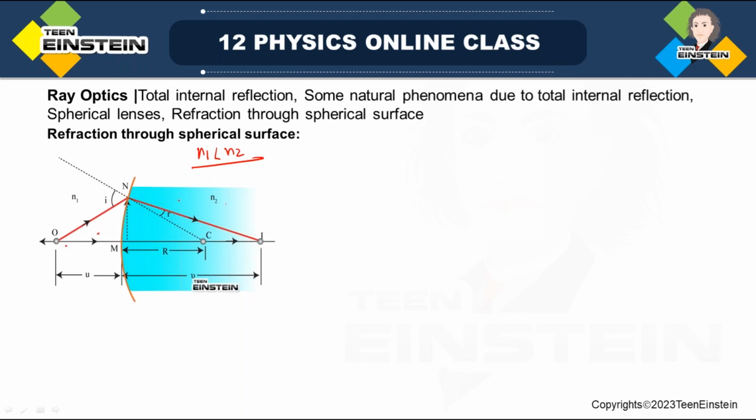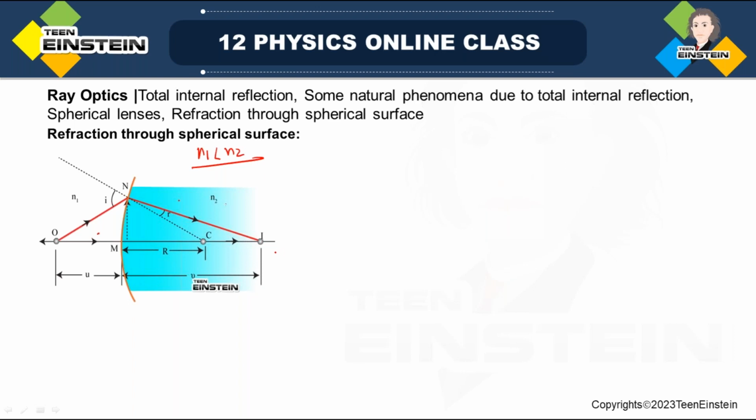If we keep an object in the rare medium and see the image in the denser medium, the image will be real, inverted, and sometimes reduced or diminished. So let us find out the relationship between u, v, r, n1 and n2 in this case.